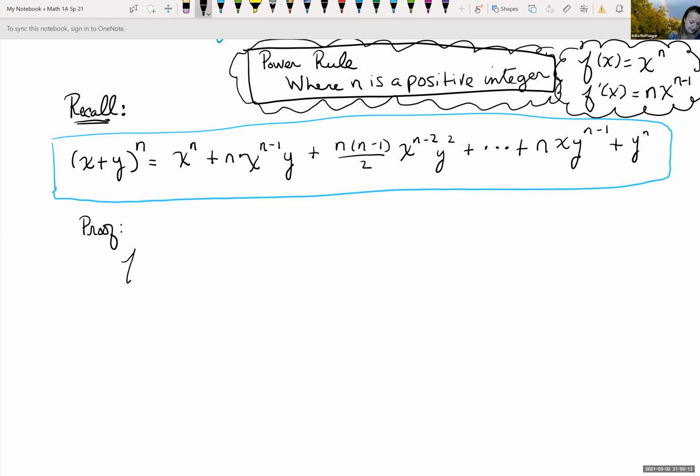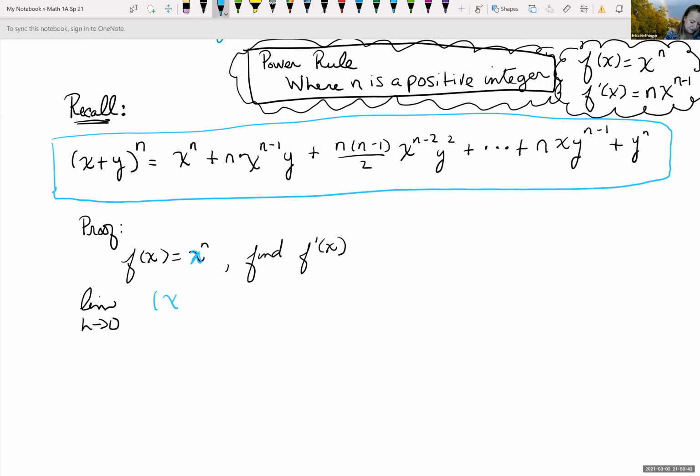So we're going to let f of x be equal to x to the n, and we want to find the derivative function f prime of x. We're going to use the formal definition of a derivative. So we're going to look at the limit as h approaches 0 of f of x plus h. If I look at f of x plus h, that would be plugging in an x plus h wherever I saw an x in my original function.